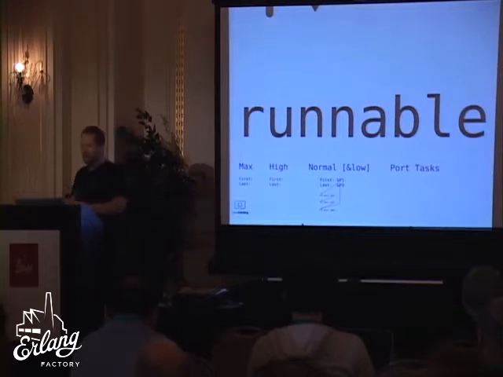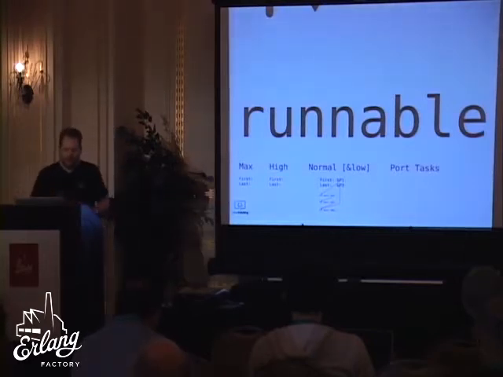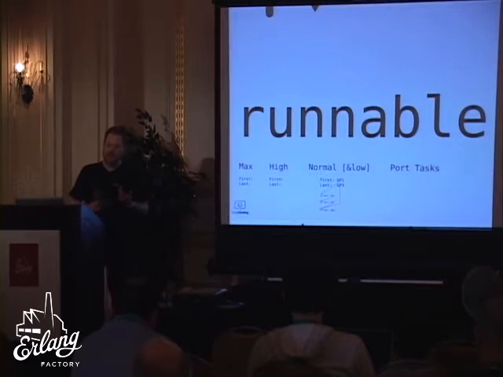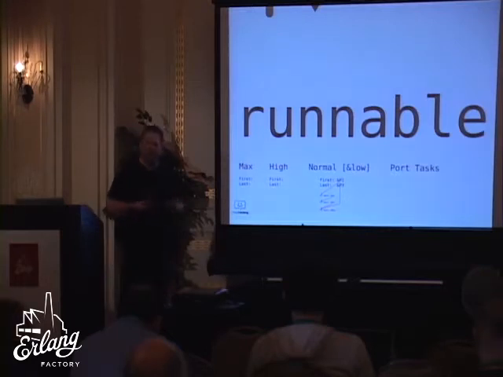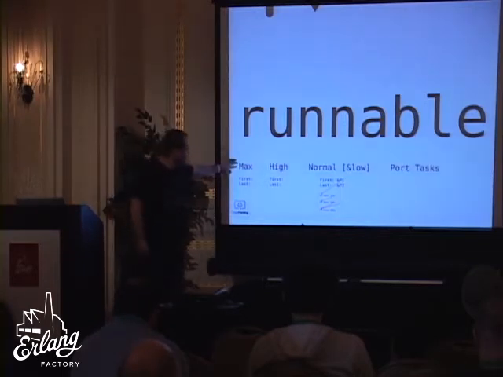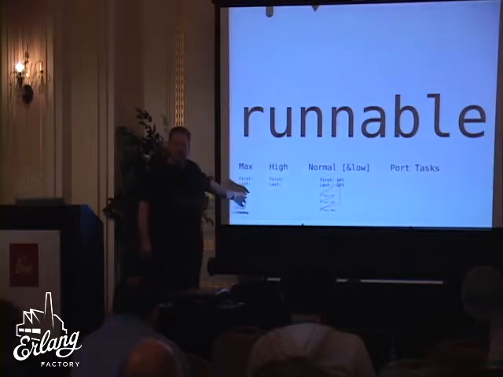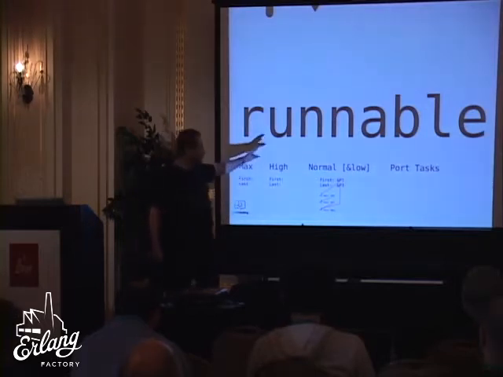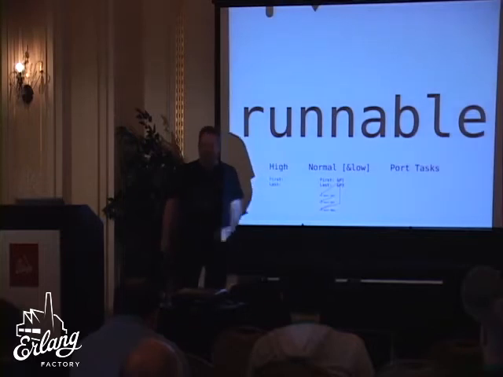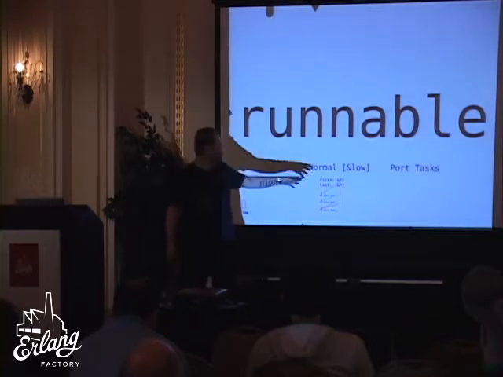So if you end up in the runnable state, there are actually 3 queues for processes on each scheduler, and they are for the priorities of the process. So we have max priority processes with its queue of processes, high priority processes, and then you have normal and low in the same.